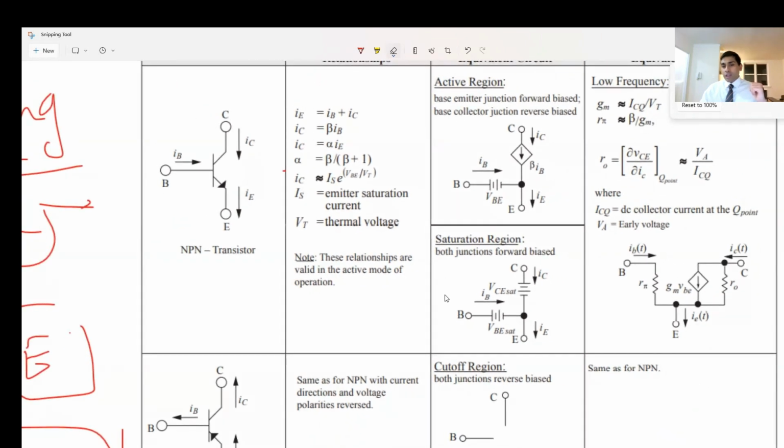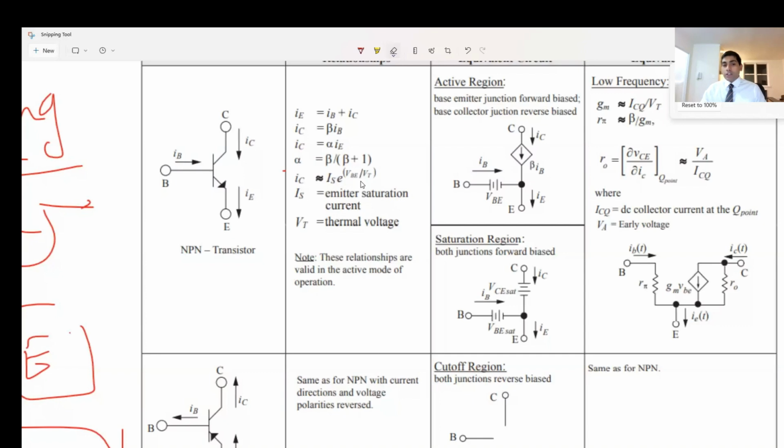So we would use this IS when it's operating in the saturation region. When it's operating in the saturation region, that particular emitter current, we would choose that. That is the emitter saturation current.